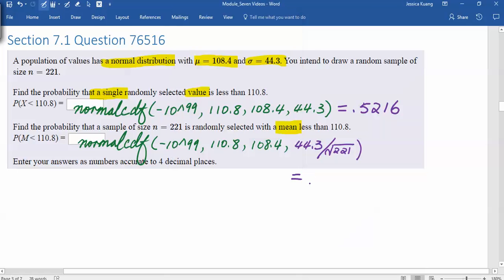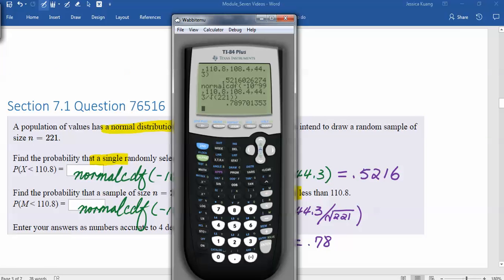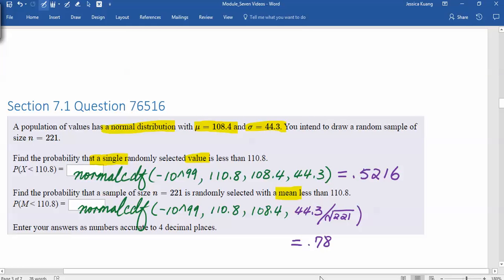So that answer is 0.7897. And that difference comes from the difference in standard deviation.